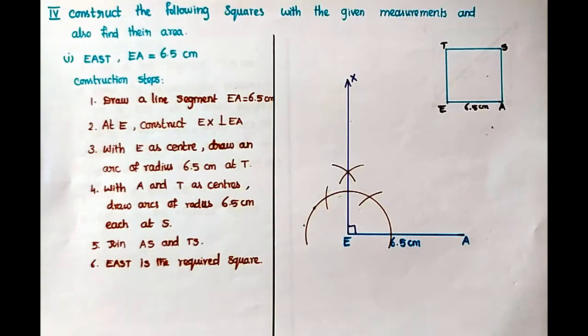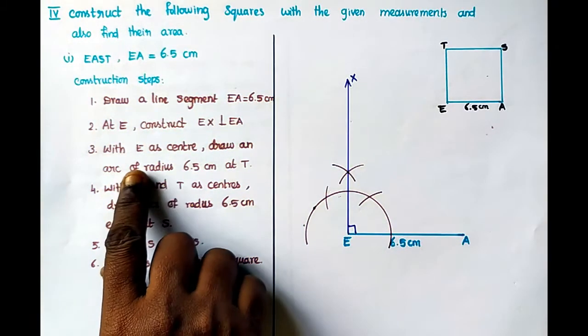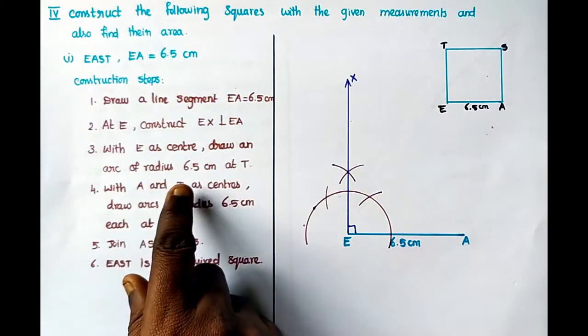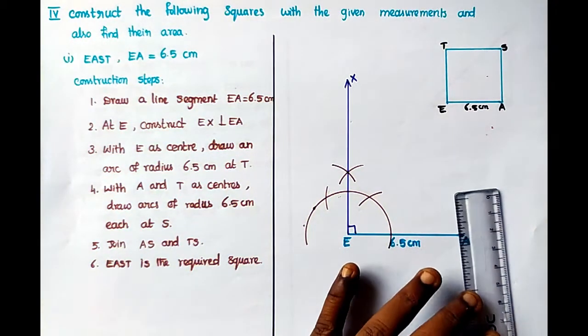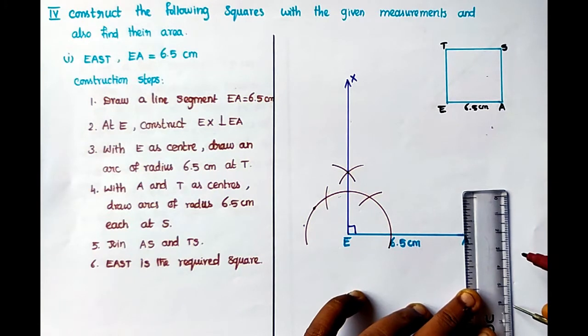Next step, with E as center, draw an arc of radius 6.5 centimeter. With E as center, what is the measurement? 6.5.